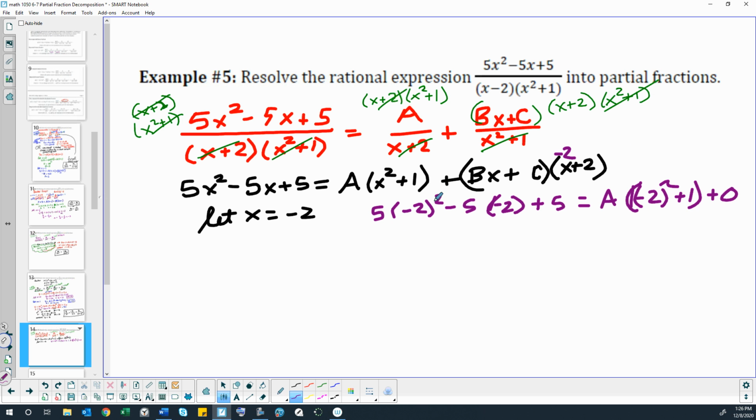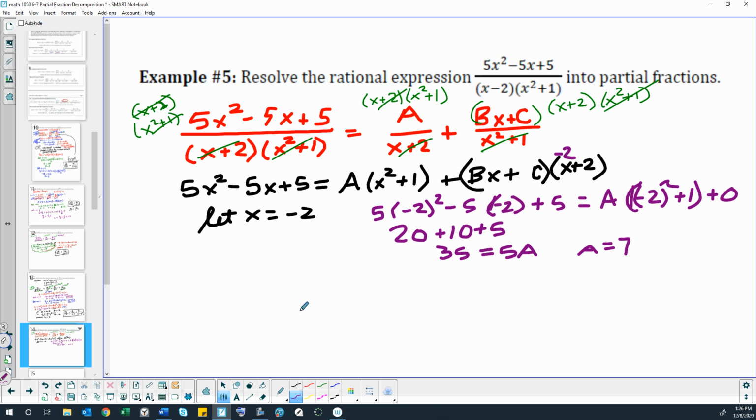Okay, so that gives us 4 times 5 is 20, plus 10, plus 5, so 35. And then this is 4 plus 1, which is 5. So A would equal 7.